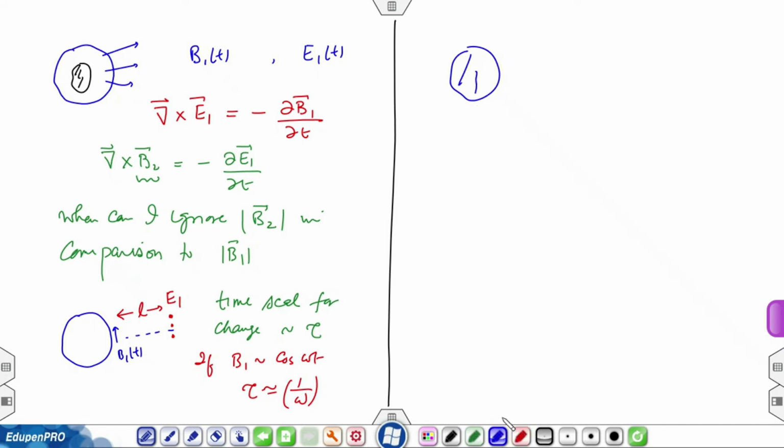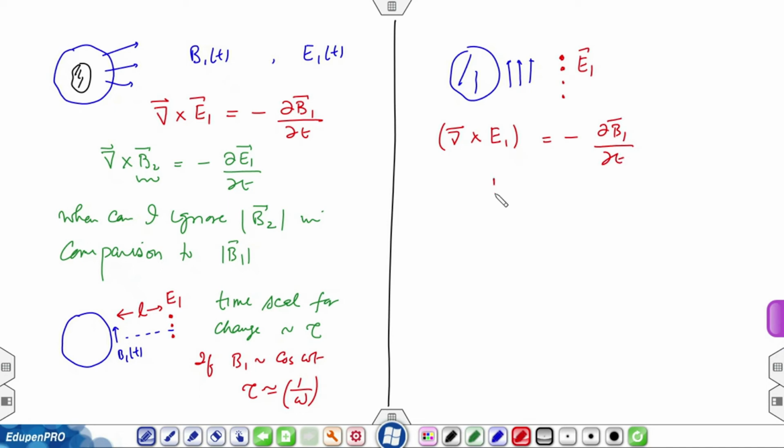So, here is this source, here is this initial B1, here is this E1, then I have curl of E1 is minus dB1/dt.